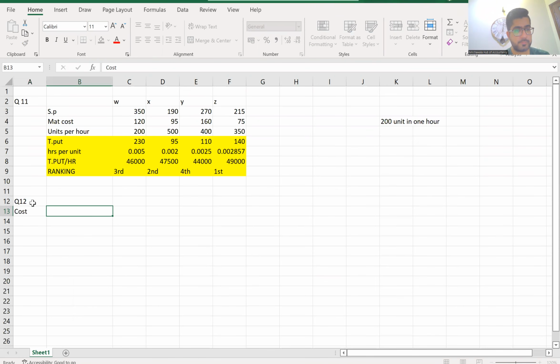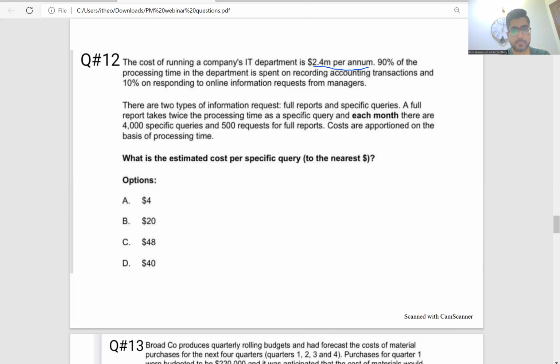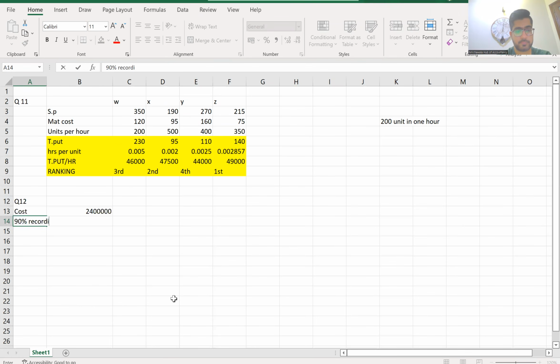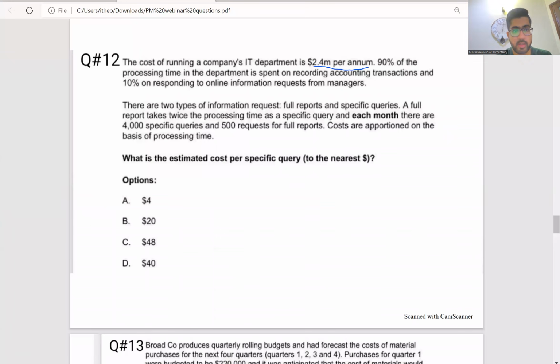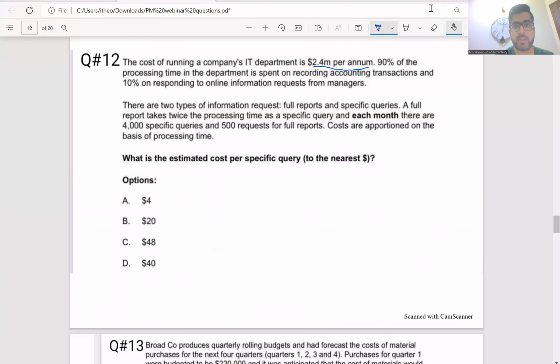The cost of running the IT department is 2.4 million. 90% time is spent on recording, take 90% of 2.4 million, and 10% time is spent on responding to online information requests from managers.